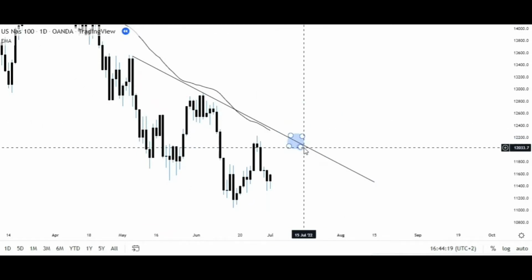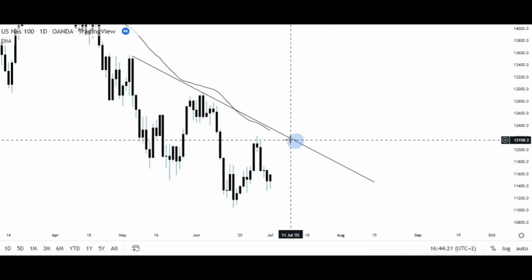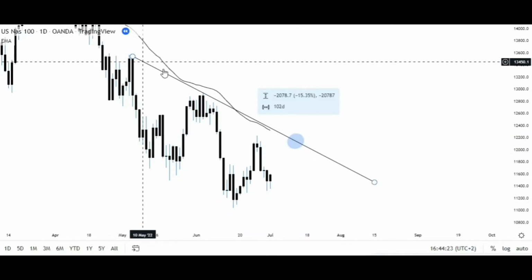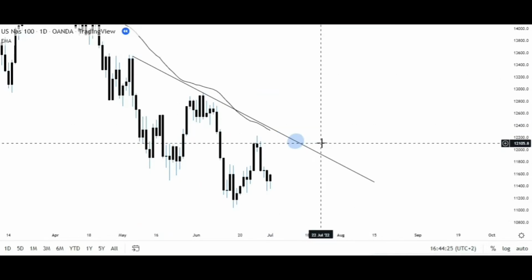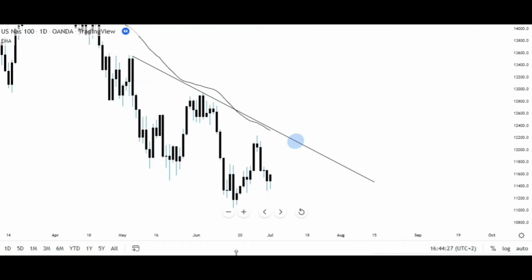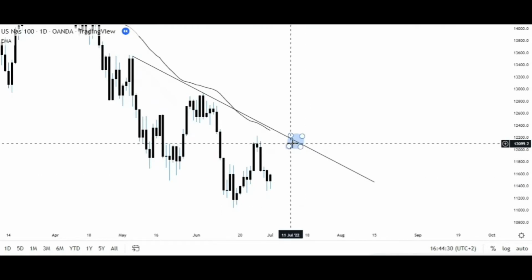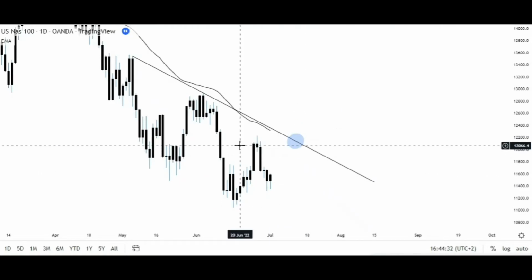EMA will retest here, price will retest the EMA, price will retest the trend line, all confluent in that area. Now, this is where I'm looking for price to come through.